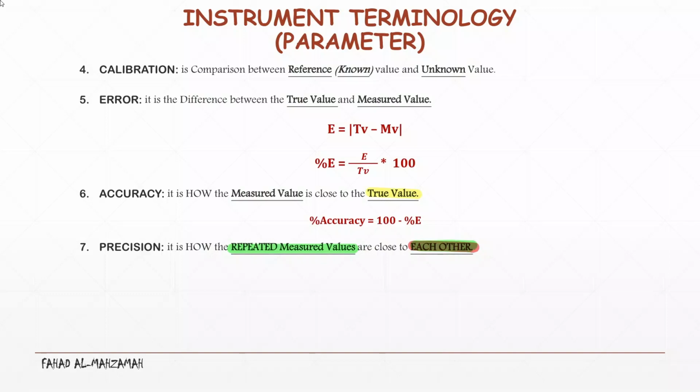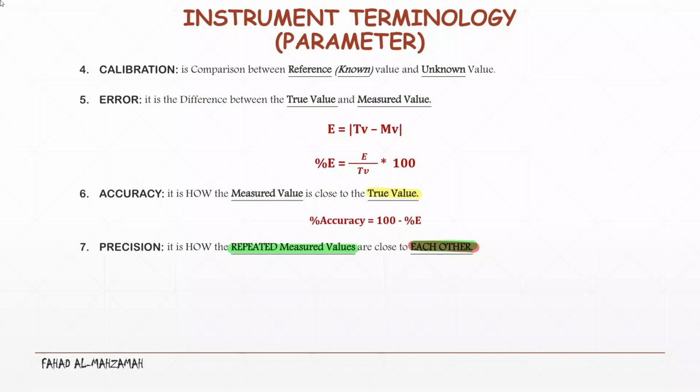It doesn't have to be close to the true value. For example, some devices have high precision, but they are far away from the true value. They are not accurate at all, but they have high precision because all the time you measure the same value, they are close to each other, but maybe far away from the true value.